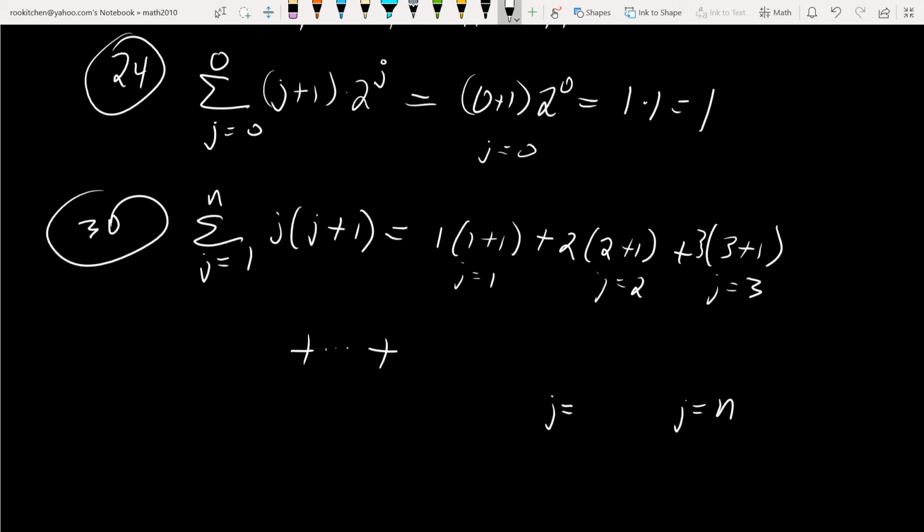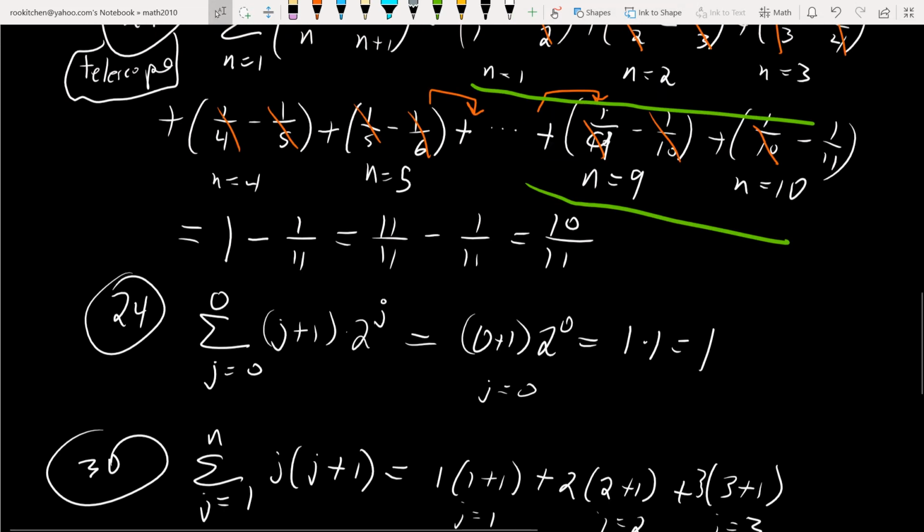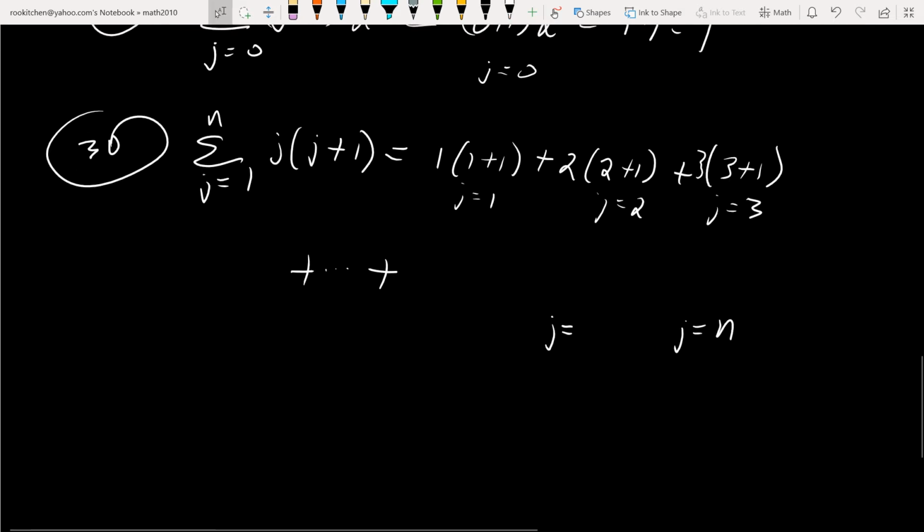To get to the term before it, what do I do? Well, up above, to go from n equals 10 to n equals 9, what do I do? With 10, you just subtract 1 to get 9. So down here, if you have n, you just subtract 1 and you get n minus 1. And then the one before that, n minus 2. And then you're plugging this n minus 2 into this formula up here.